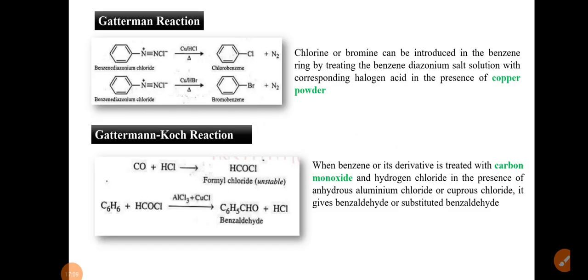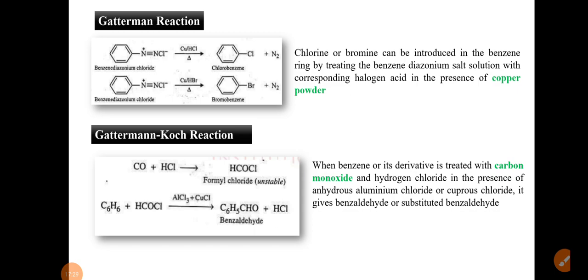So the Gattermann-Koch reaction is also a synthesis of benzaldehyde, right? Whatever benzene molecule or substituted benzene you are using, the benzene reacts with carbon monoxide and hydrochloric acid.